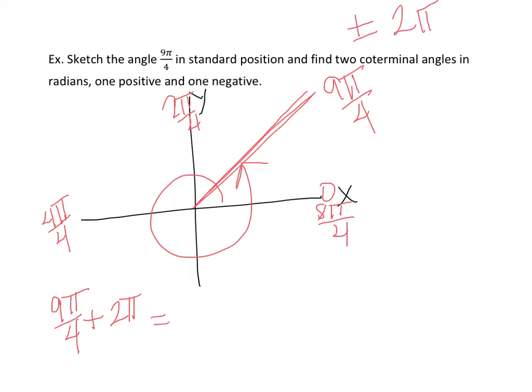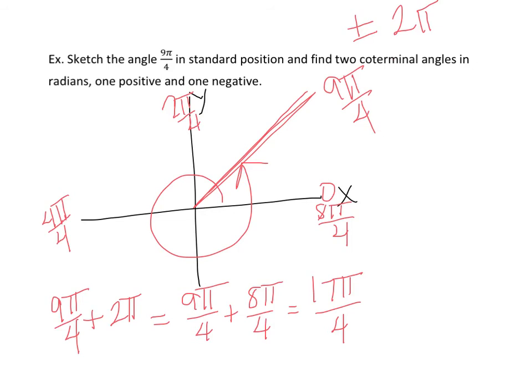You can use common denominators, which would turn this to 9 pi over 4 plus 8 pi over 4. Adding straight across, now I've got 17 pi over 4. Keep your common denominator. So 17 pi over 4 is going to give me the same as 9 pi over 4.